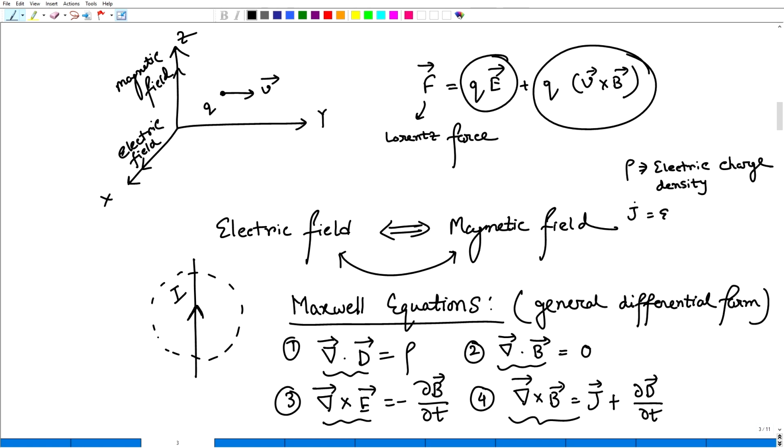J is the electric current, which is defined as sigma times E. Next, E is the electric field, B is the magnetic field, B is mu_r H, and D is mu epsilon E.